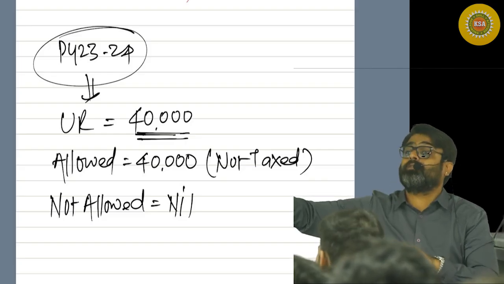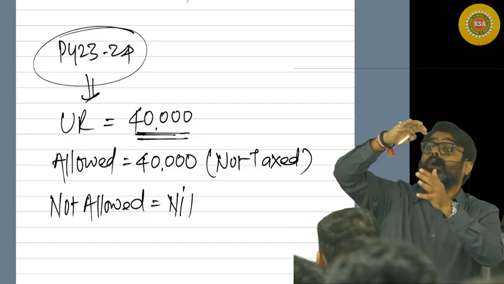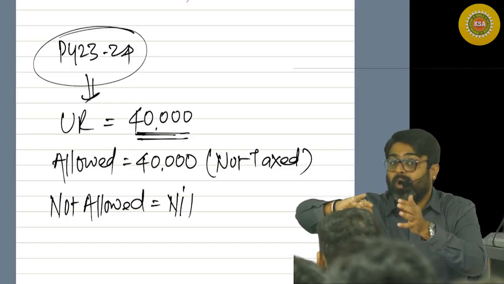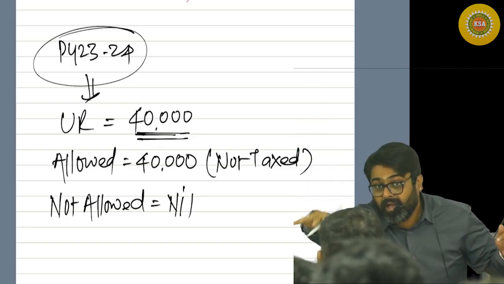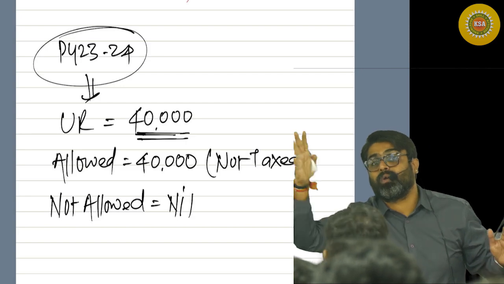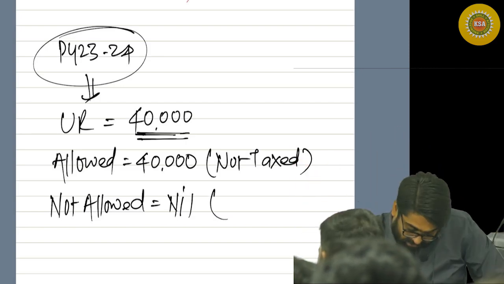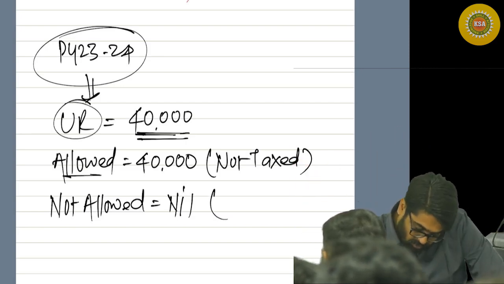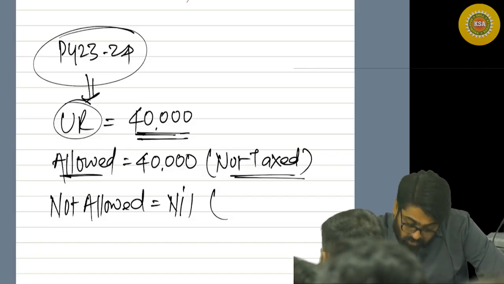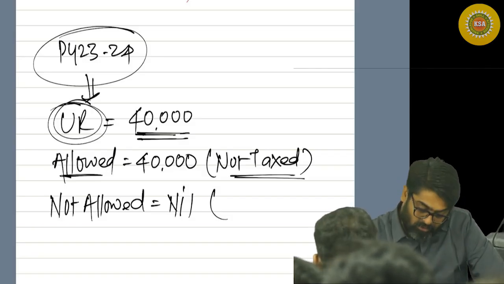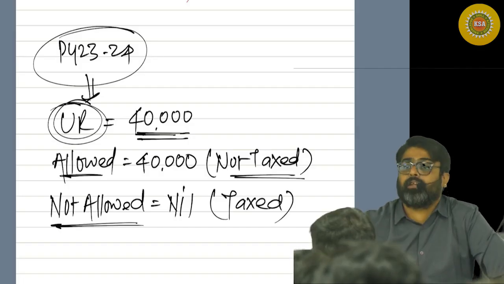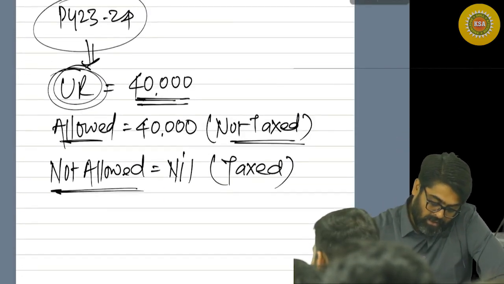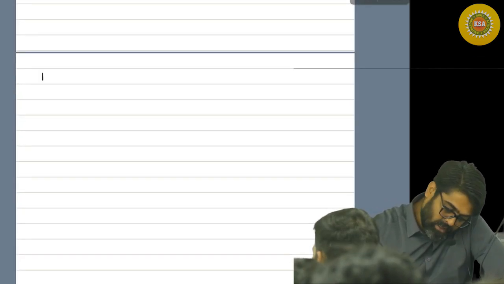Not allowed means not allowed to be deducted out of calculation, meaning it is still there in your income. Taxed or not taxed? Taxed. So the amount of unrealized rent which was allowed is not taxed. The amount which was not allowed was already taxed. Yes or no?